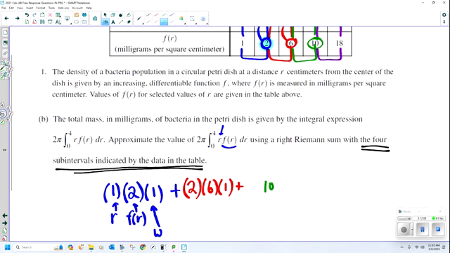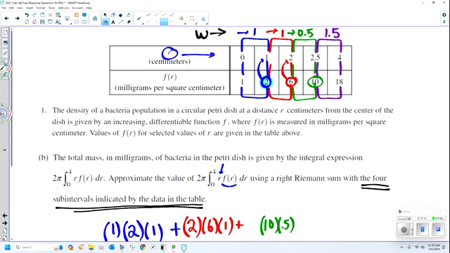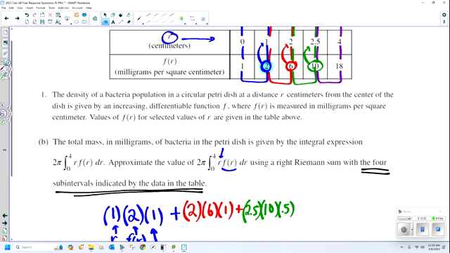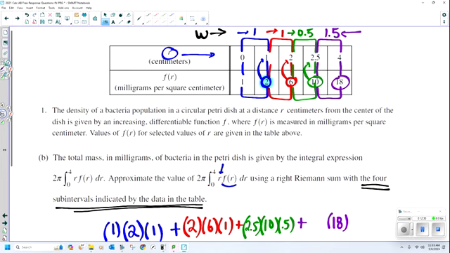That width is 0.5, and the r value is 2.5. And last but not least, our last rectangle has a right value of 18. That width is 1.5, and the r value is 4.